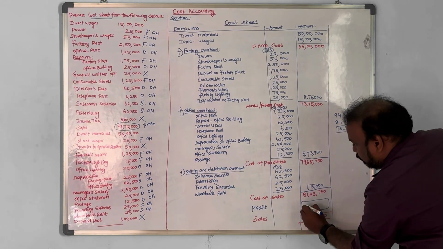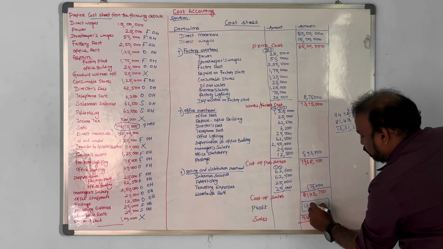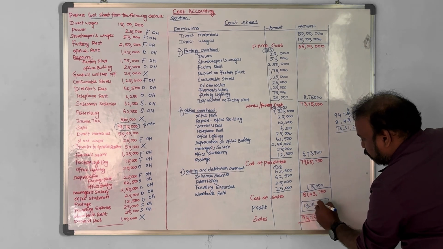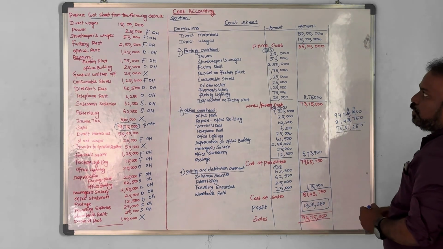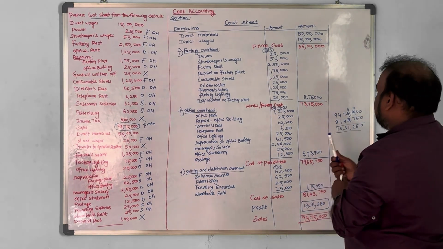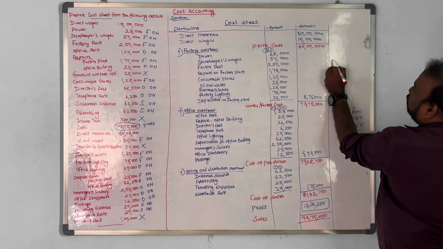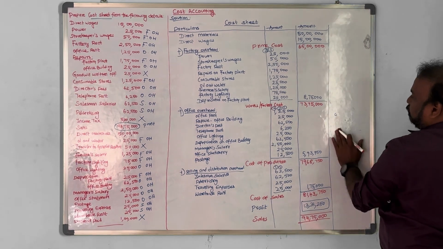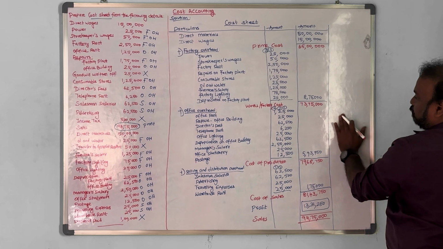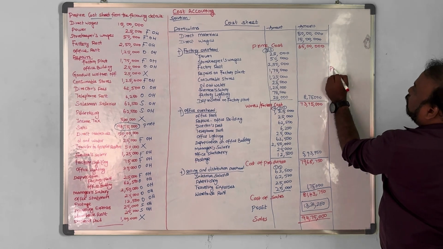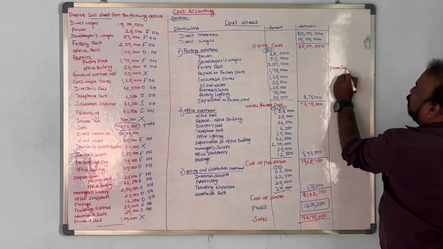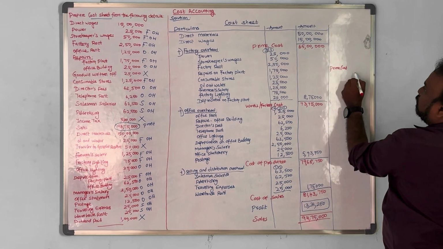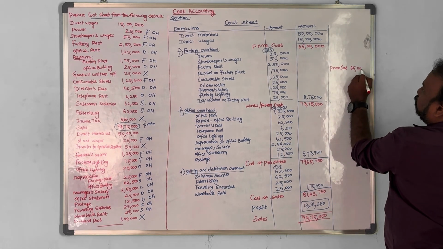So 13,31,250 is profit. Now write the answer separately. Prime cost 65 lakh.